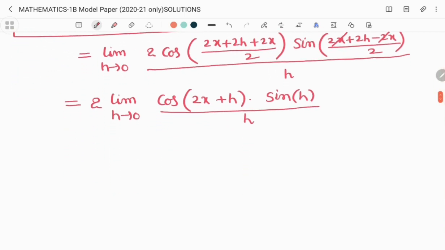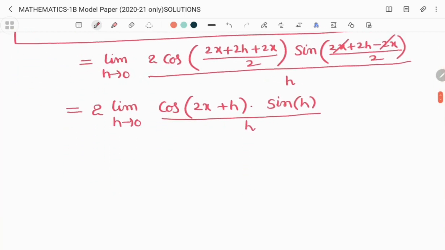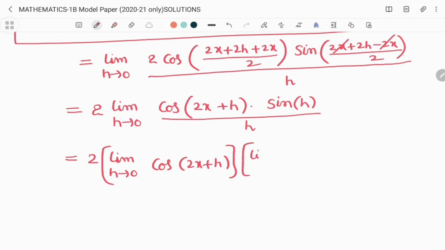Here a doubt will arise. Sir, where can we apply this h value, whether for the cos x function or sin x function? You remember, dear students, the denominator h value, the function which contains only terms of h, for that you can apply the limit. For the rest of the function, no need to apply. So 2 into limit h tends to 0, cos of 2x plus h, limit applied for the second function, limit h tends to 0, sin h by h.